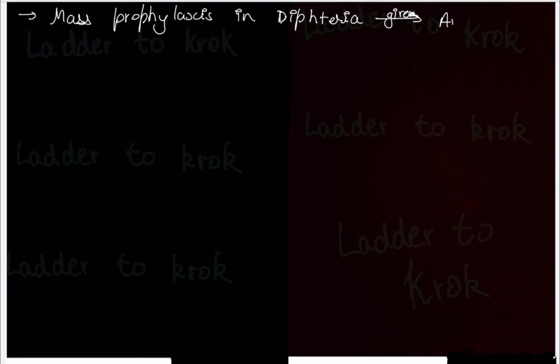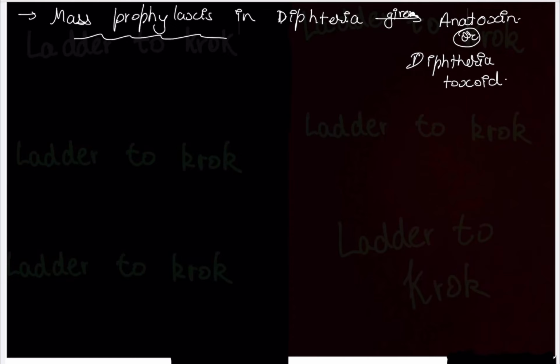We will give anatoxin or diphtheria toxoid to do the mass prophylaxis. Don't worry about diphtheria, we will discuss it a little later in this video. So in mass prophylaxis in diphtheria we give anatoxin or diphtheria toxoid.